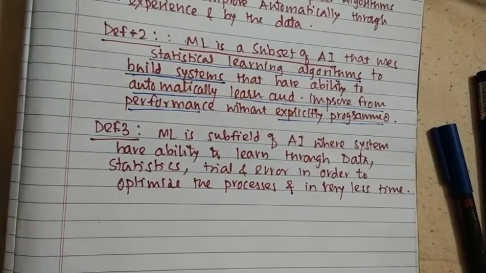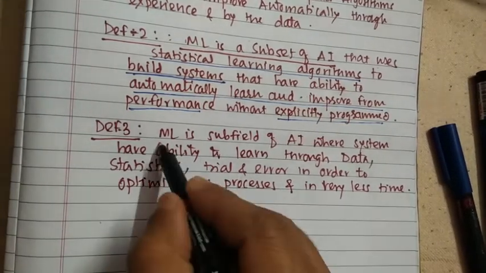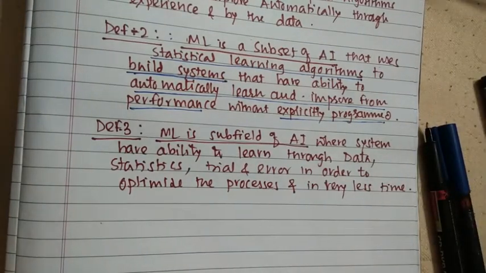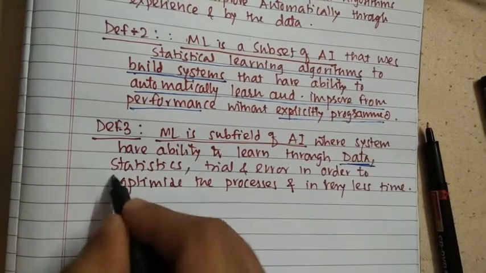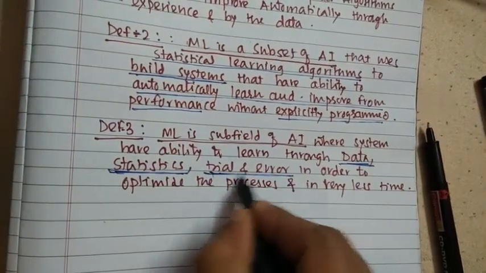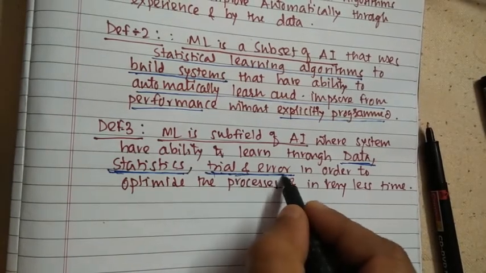So whatever we have to optimize, meaning come out with the solution in very less time. And again the same definition: it learns through data, statistics means the same data, and trial and error, continuously taking feedback and improving the performance.